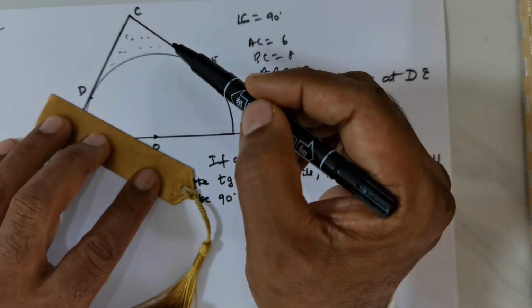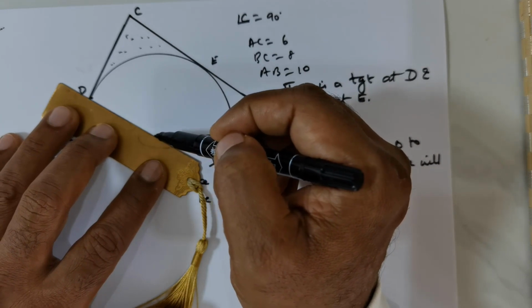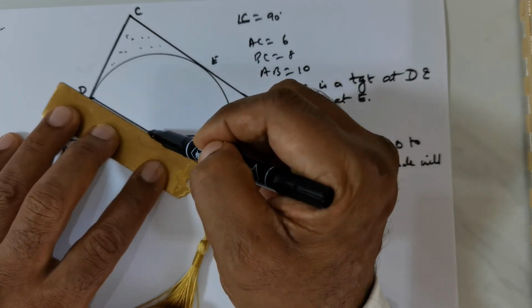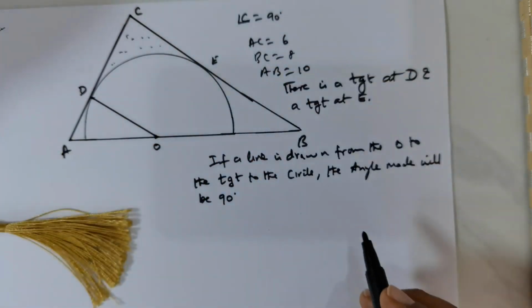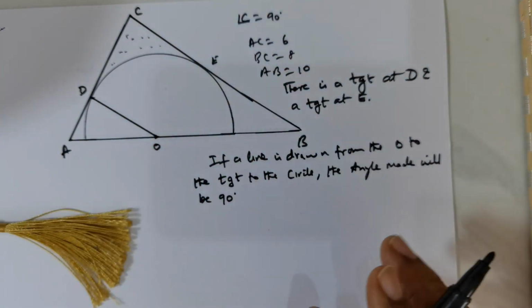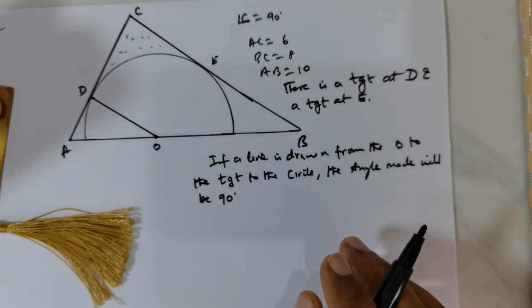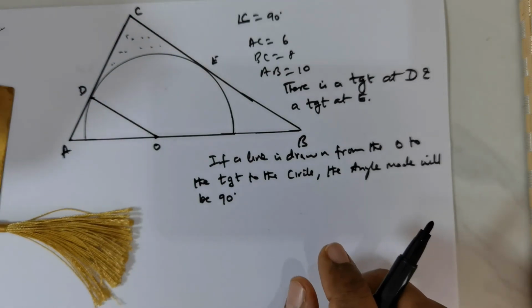Now I'm trying my best to represent the concepts. The figure is a little bit not to the expectations, so the most important thing that you have to know is the concept that is being displayed here.